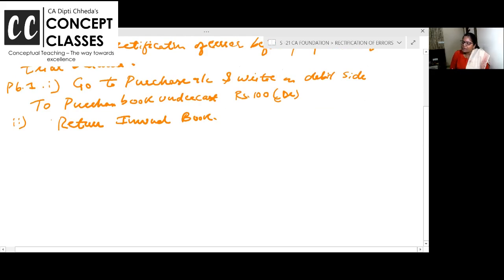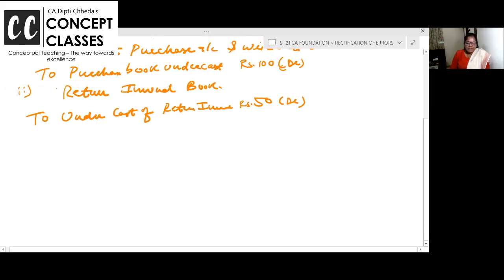Return inward book, on the debit side, what will you write? To undercast of return inward, rupees, how much? 50 on the debit side. Sales return total is less by 50, so just debit it.